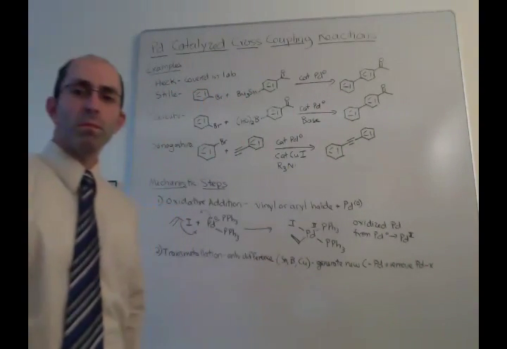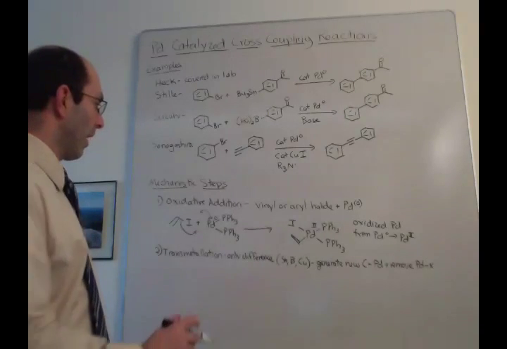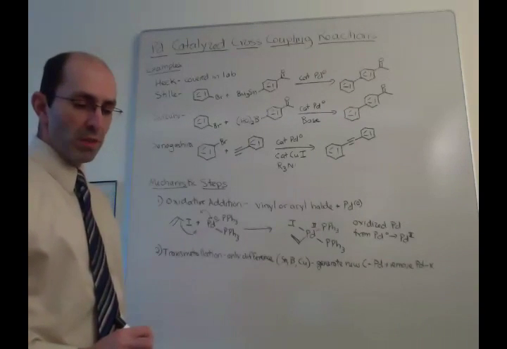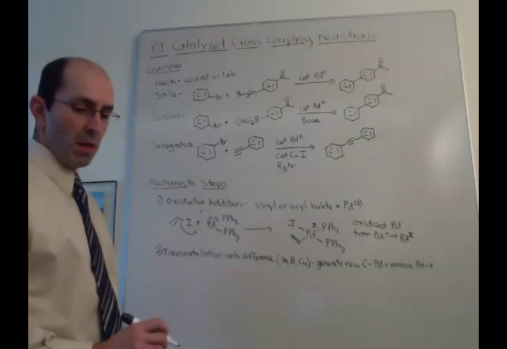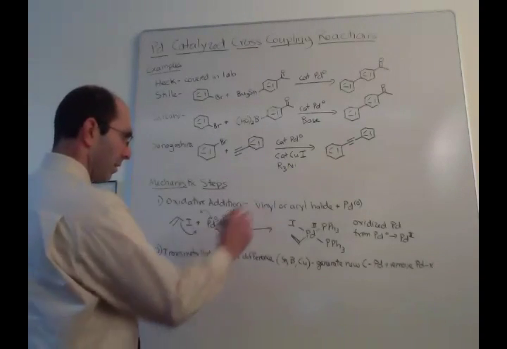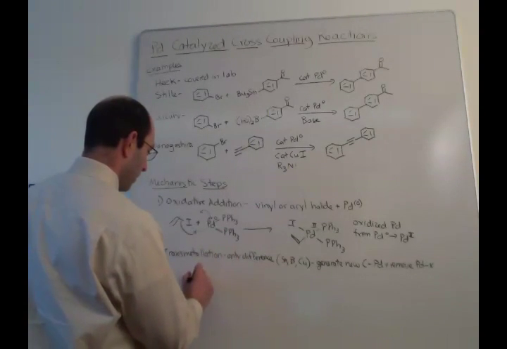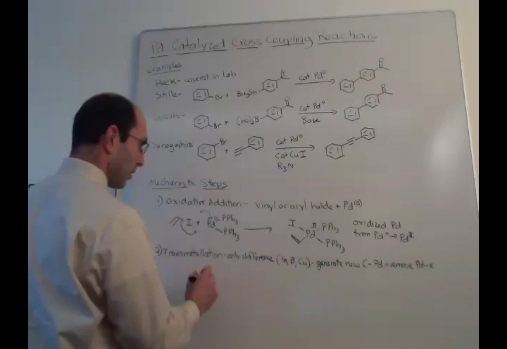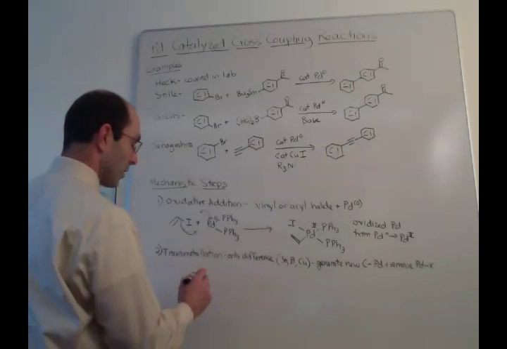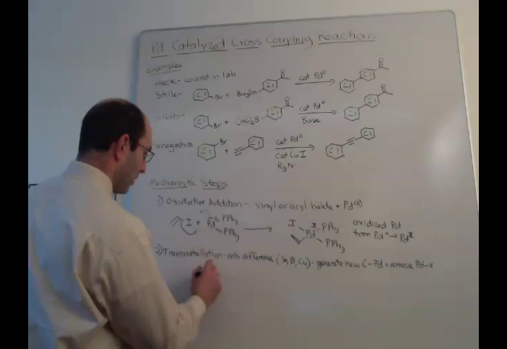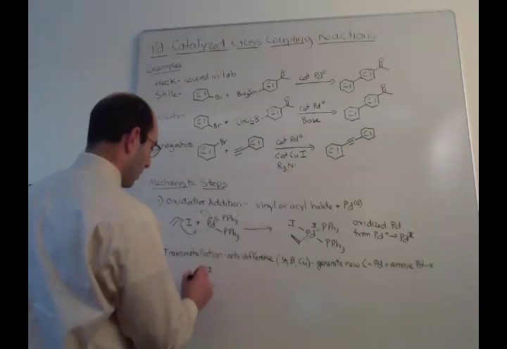Okay, so what will that look like? One example of this would be if we had the same compound over there. I'm just going to change how I'm drawing this to make it a little bit easier, so we'll just flip it over.